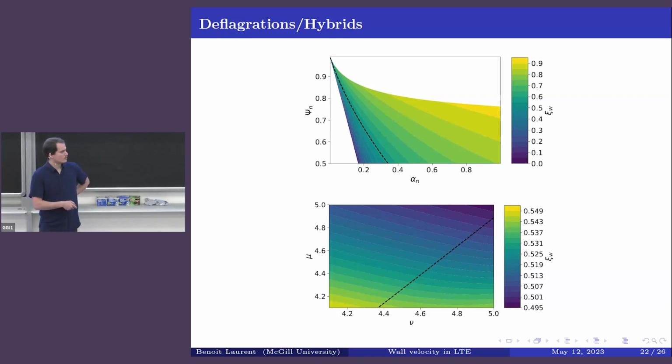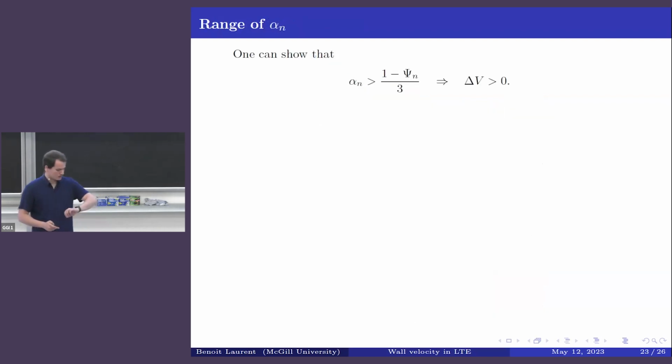So I vary mu and nu from 4 to 5, which corresponds to a speed of sound between 0.5 and 0.58 roughly. And here we see that the dependence is much milder than on alpha and psi. It's about 10% that we get.